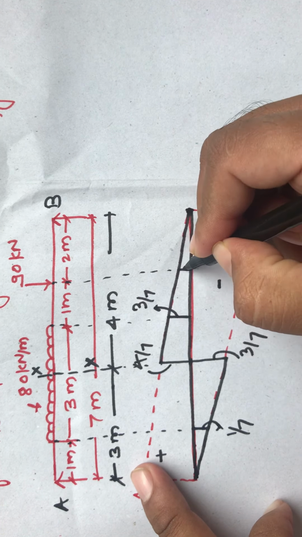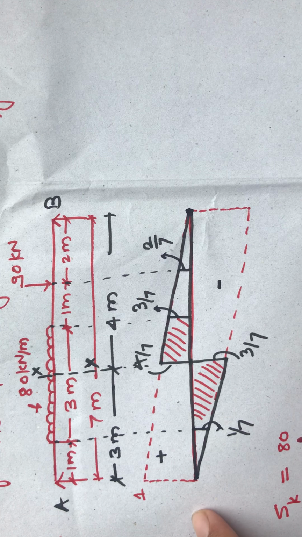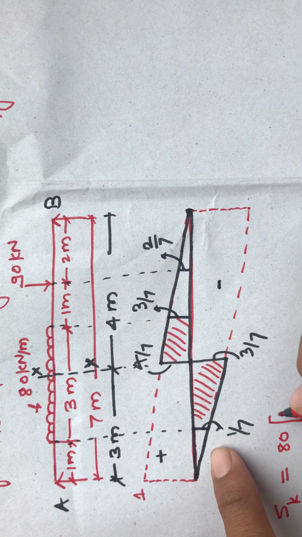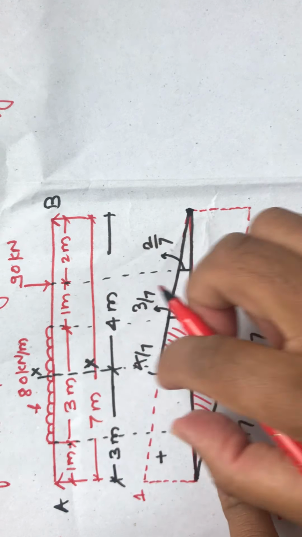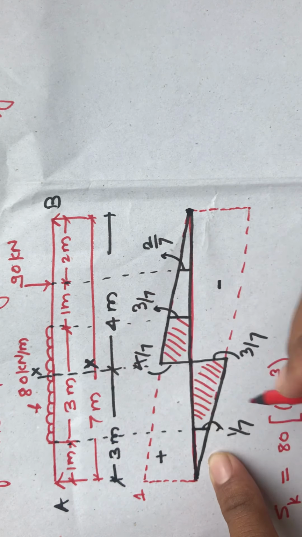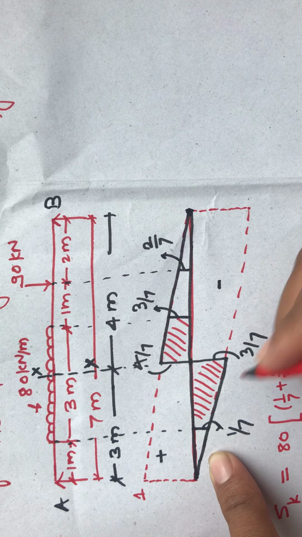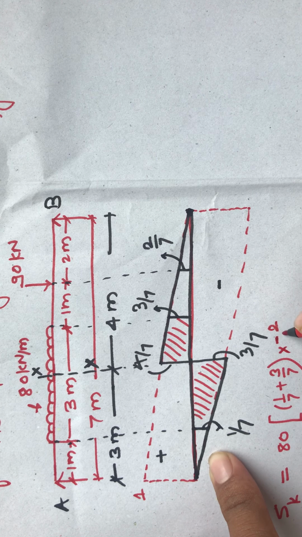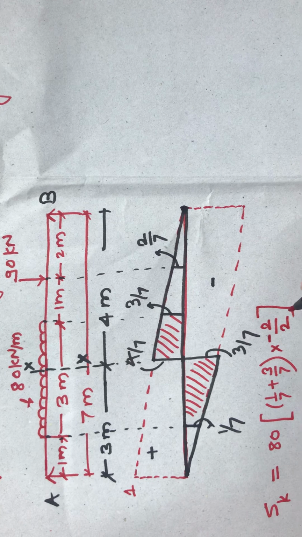So the SK, that is the shear force at the section K, equals, the intensity is 80. Now I will take in bracket 1 by 7 plus 3 by 7. What is the height? This one is 2 meter, so 2 meter, minus, because this is the negative diagram, so minus 2 by 2. This is the first calculation.